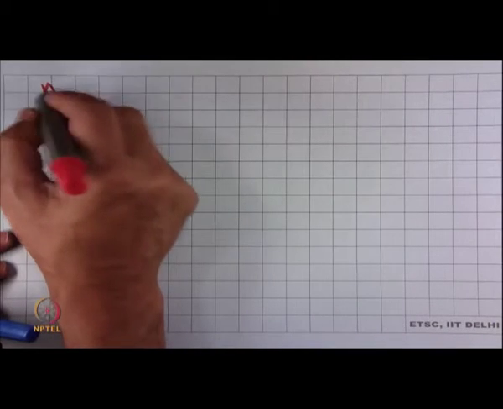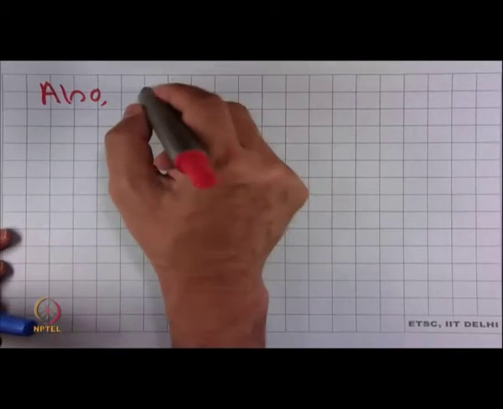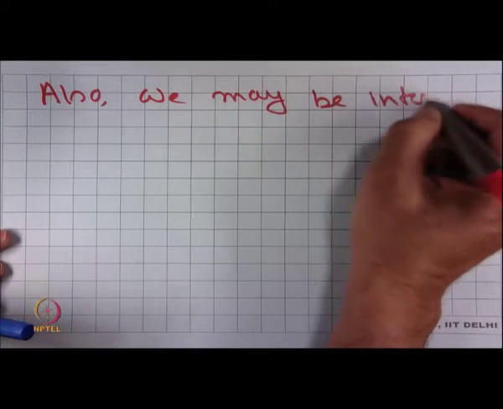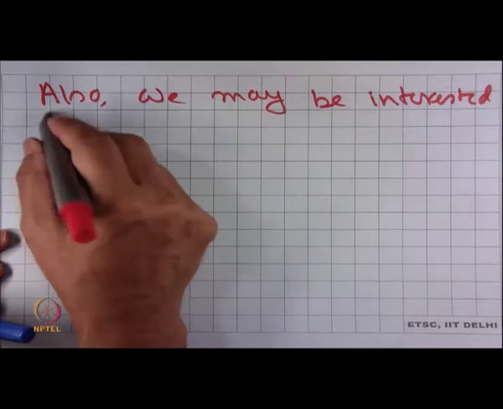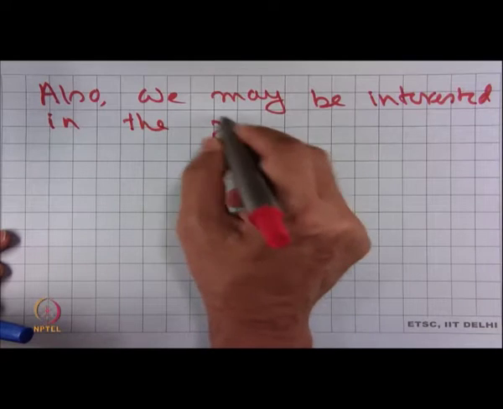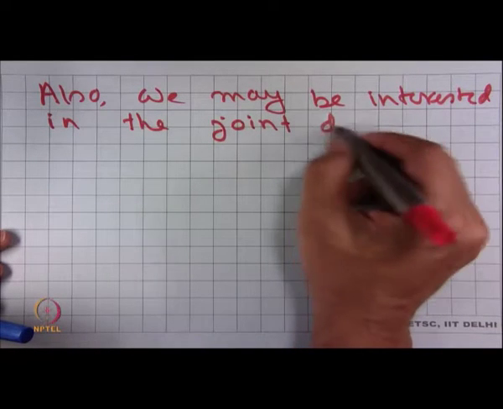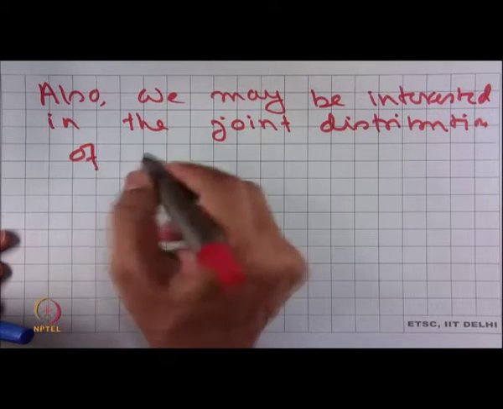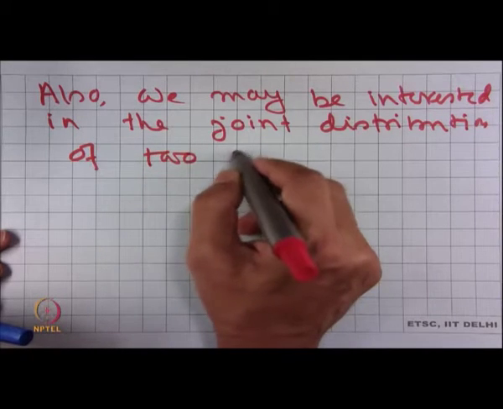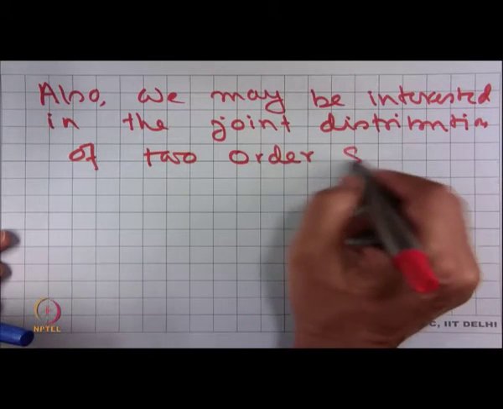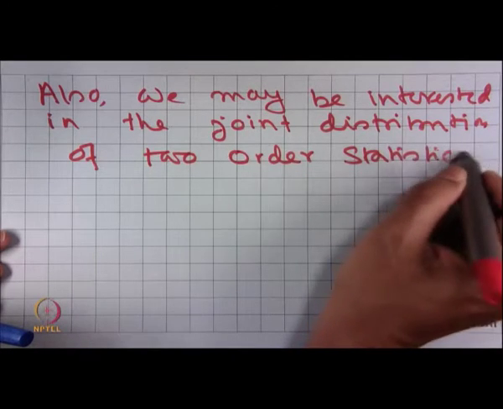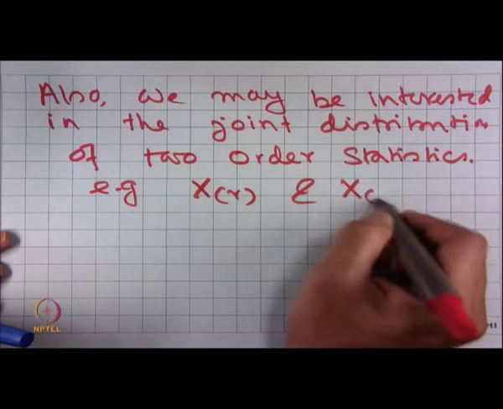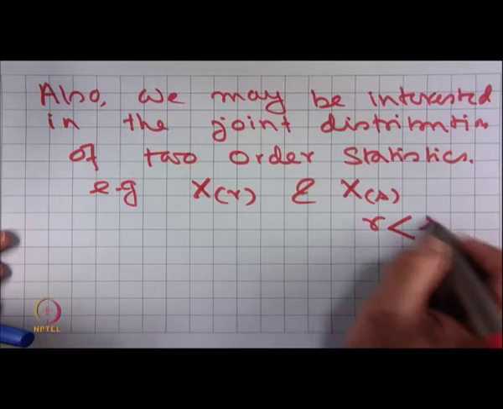Also, we may be interested in the joint distribution of two order statistics, e.g. x r and x s, where r is less than s.